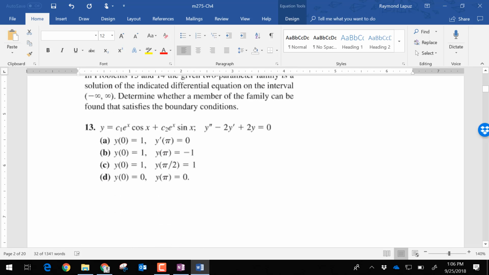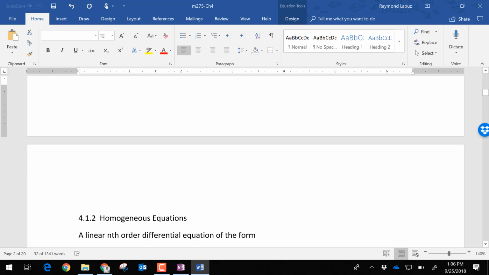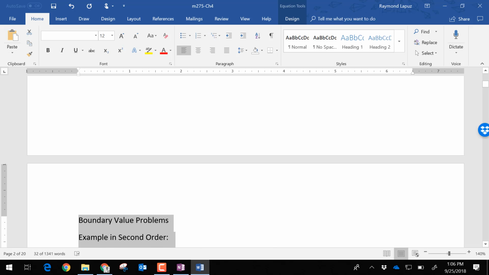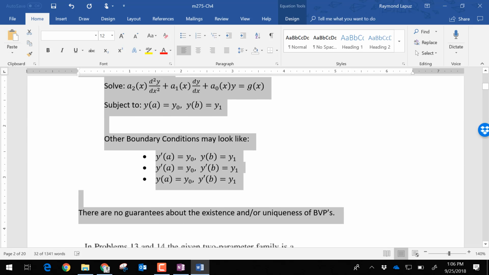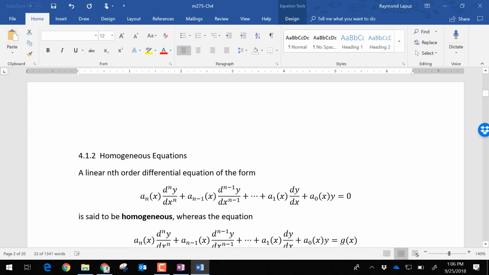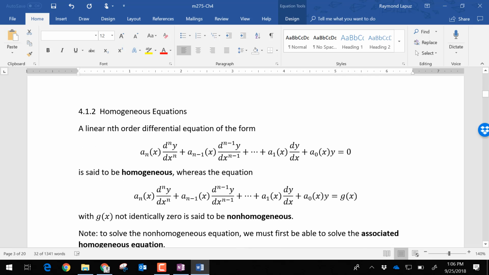This is chapter 4, section 1, so this is 4.1.1. So 4.1.2, the second portion of the section, talks about a particular kind of differential equation called homogeneous.